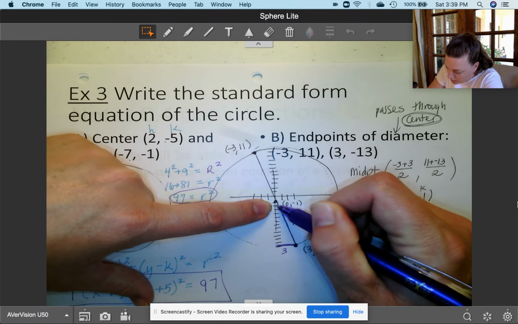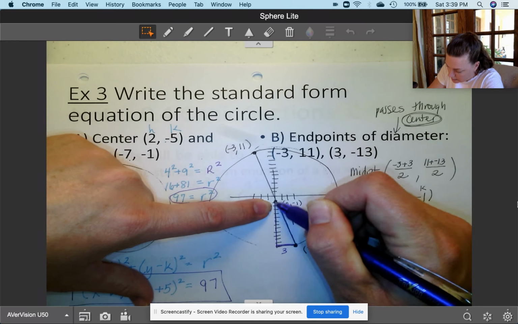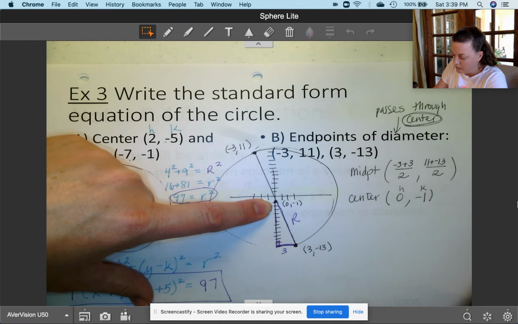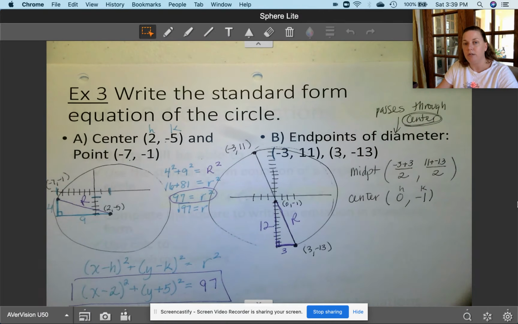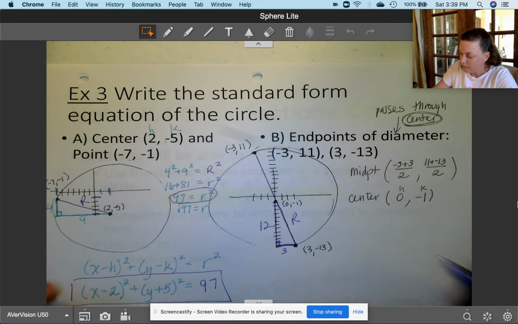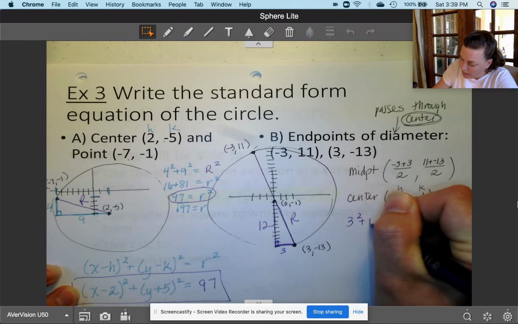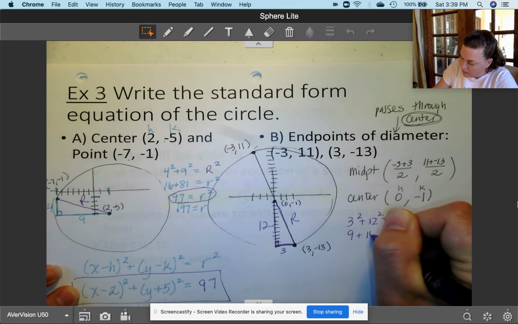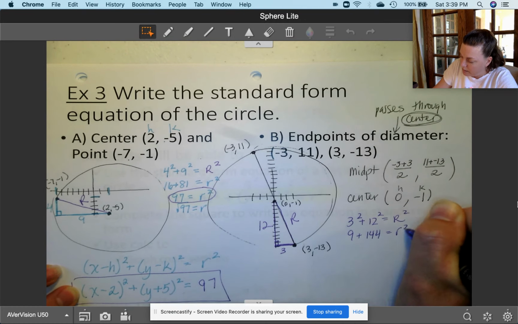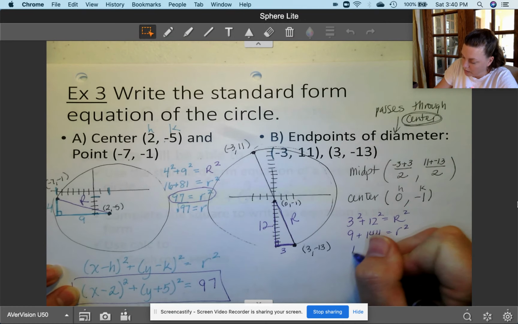And then how many units vertically? We're going from negative 13 to negative 1. That's 12 units vertically. And so we can do 3 squared plus 12 squared equals our radius squared. 9 plus 144, which would be 153.